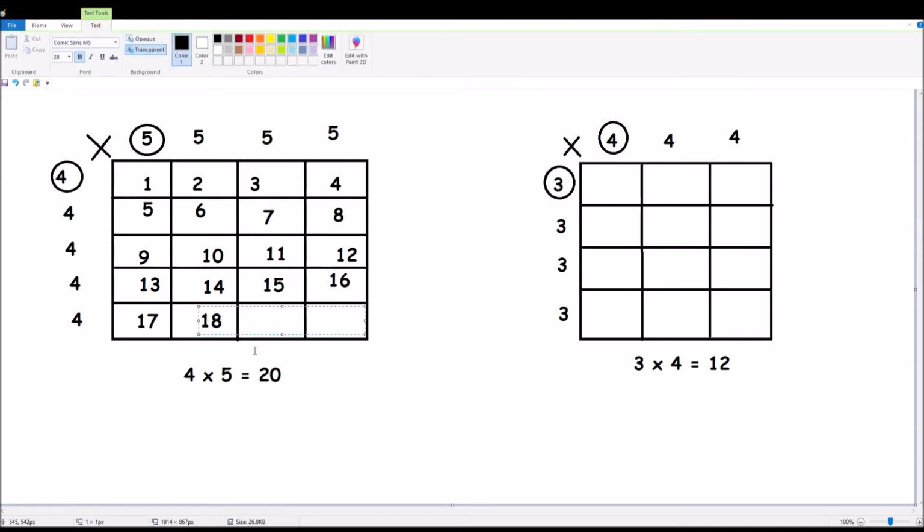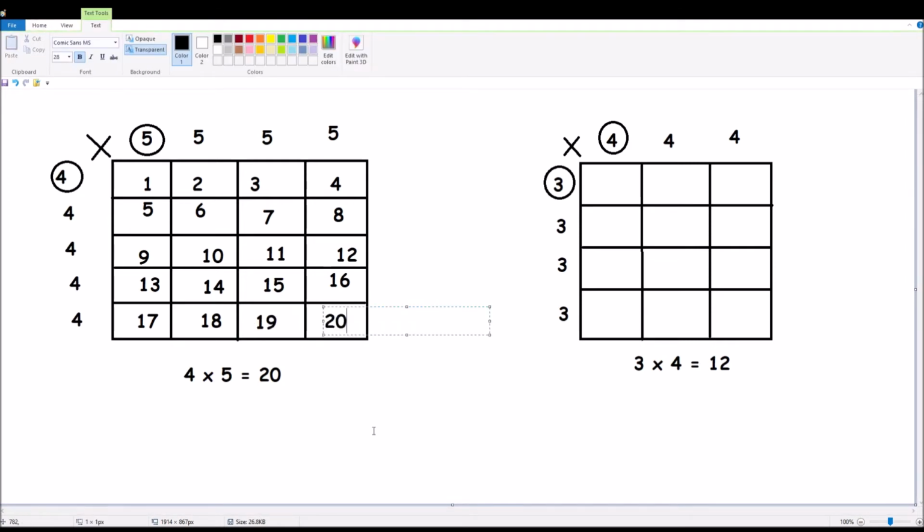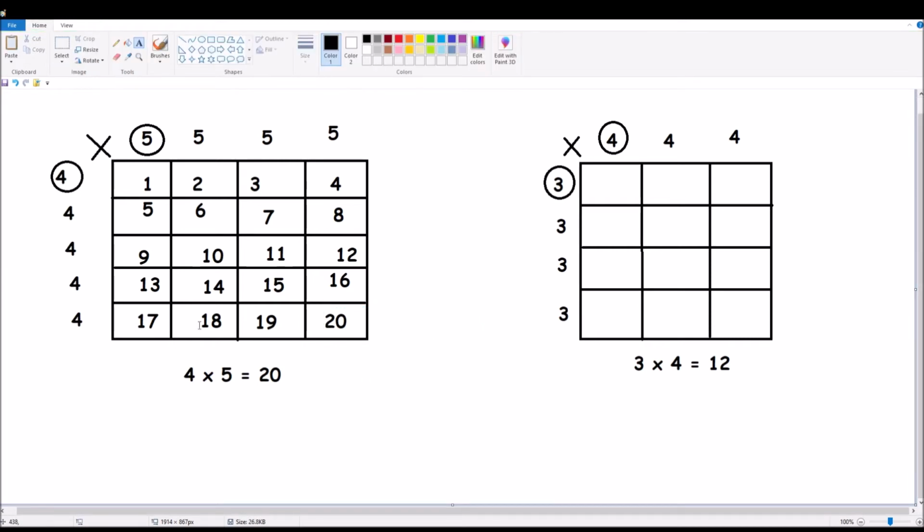Looks like we're going to make it, 19, and 20. So there are a total of 20 in this box over here. And if you were to add up the 4s, you would get to 20. If you added up the 5s, you would get to 20. And if you multiply the 4 times 5, you get to 20.